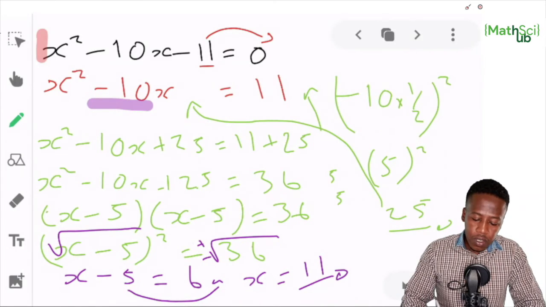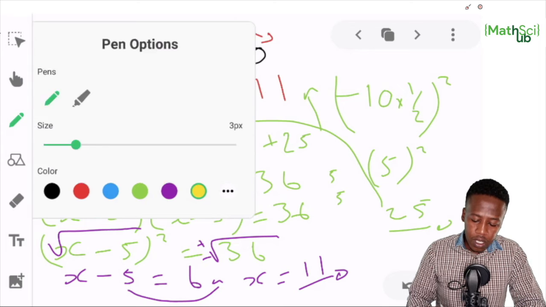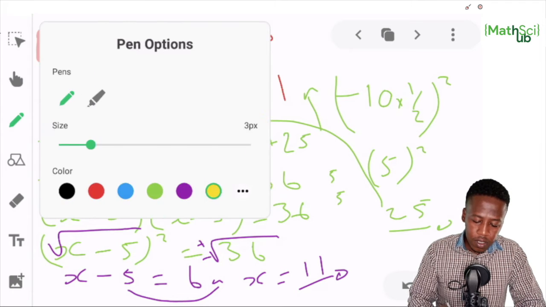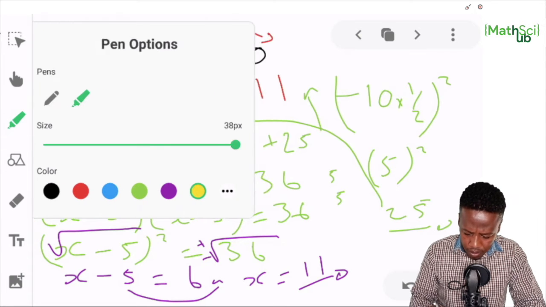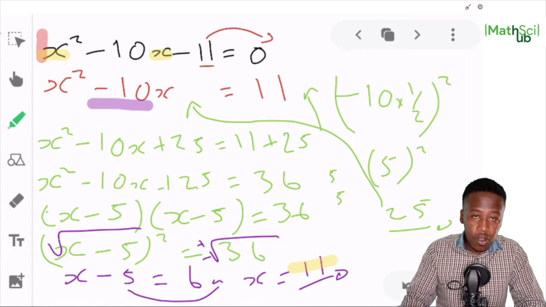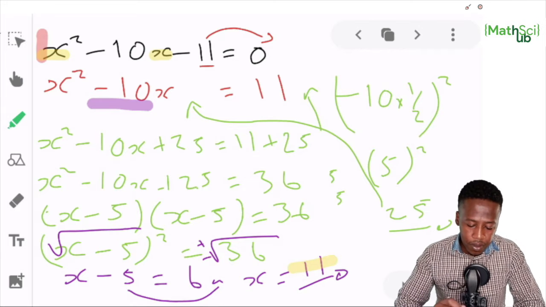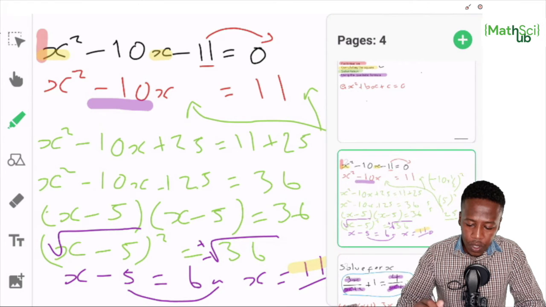By substituting your x, sorry, I'm trying to get a highlighter here, into the original equation, and if you get a 0, it means you're on the right path, your answer is correct. All right, let's move on to our next method of solving quadratic equations.